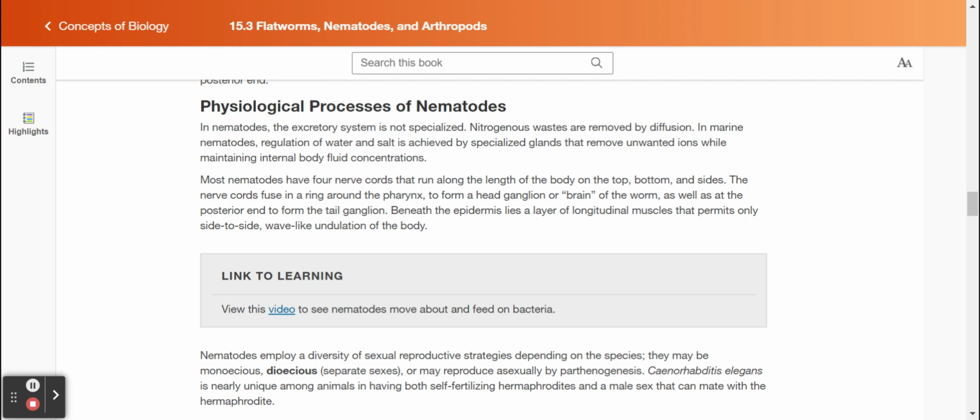Most nematodes have 4 nerve cords that run along the length of the body on the top, bottom, and sides. The nerve cords fuse in a ring around the pharynx to form a head ganglion, or brain, of the worm, as well as at the posterior end to form the tail ganglion. Beneath the epidermis lies a layer of longitudinal muscles that permits only side-to-side, wave-like undulation of the body.